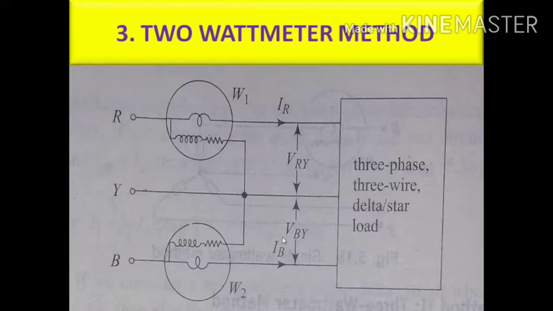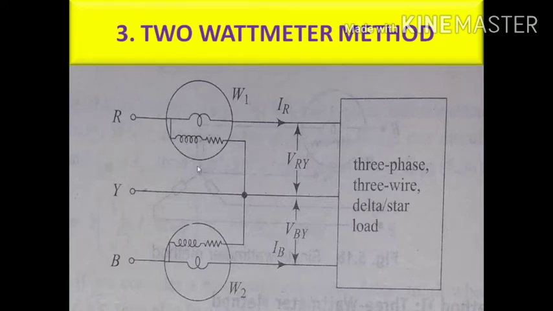So in this case you can see the circuit here. We are using a 3-phase load. This 3-phase load is connected to the 3-phase supply R, Y and B. Here we are using 2 wattmeters. This is one wattmeter, that is W1, and this is the second wattmeter, that is W2.